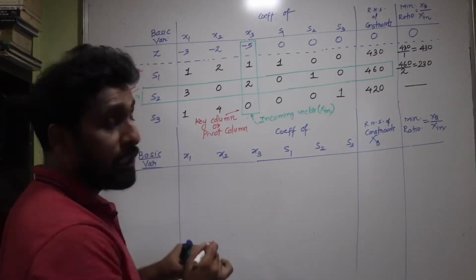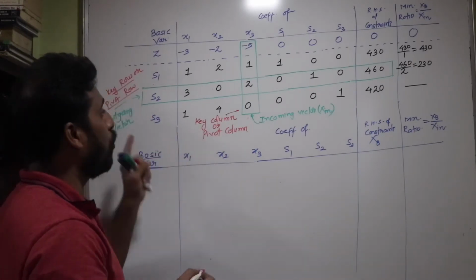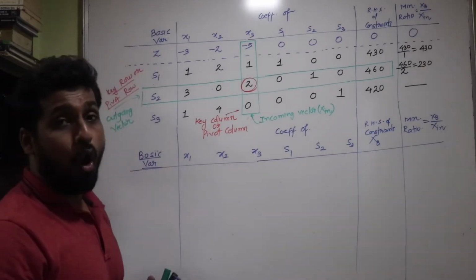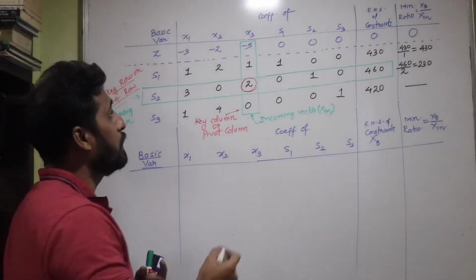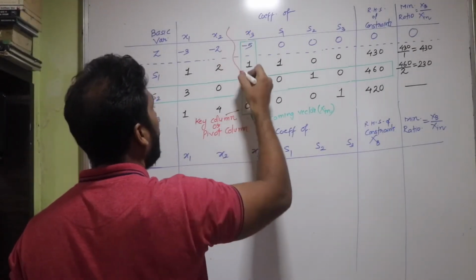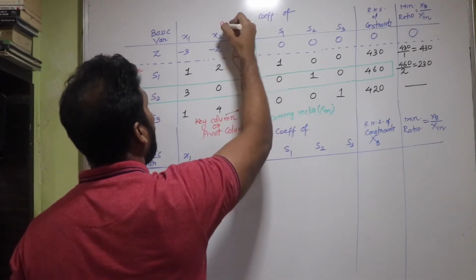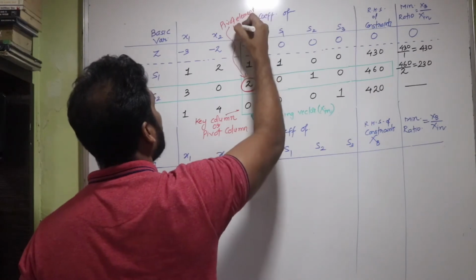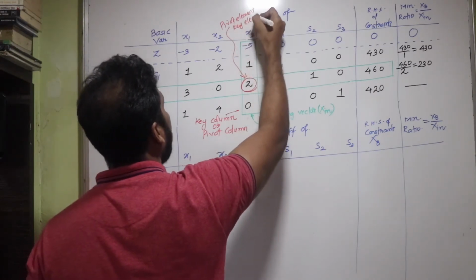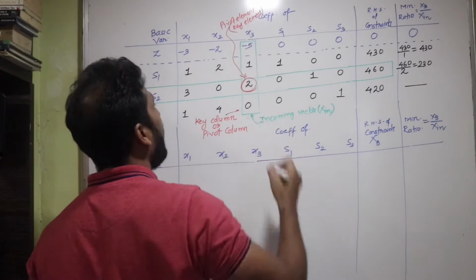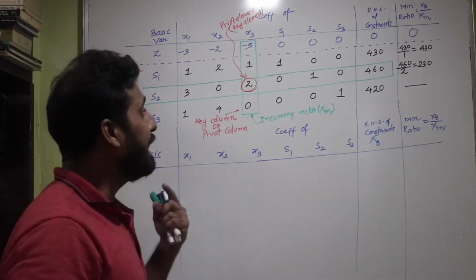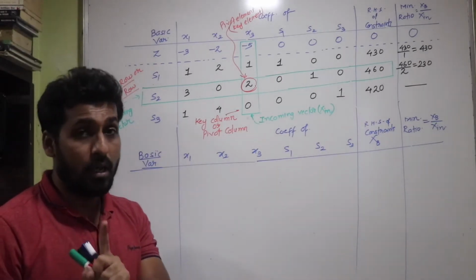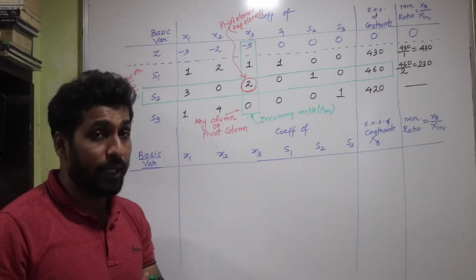And the intersection of the pivot column and the pivot row, this particular element 2, is called the pivot element, or the key element. Either you call it a pivot element or a key element. This element has to be 1. Very important point, please note it down.